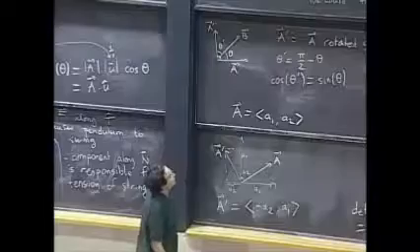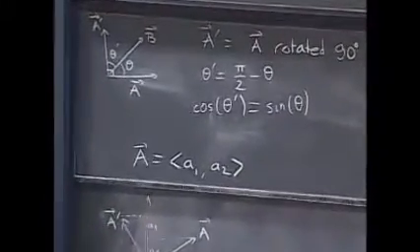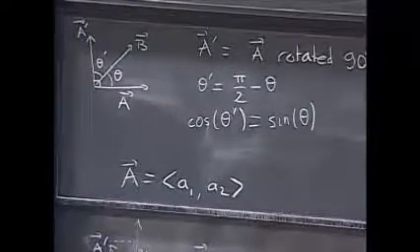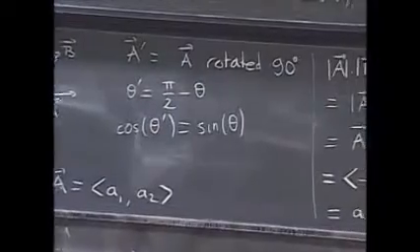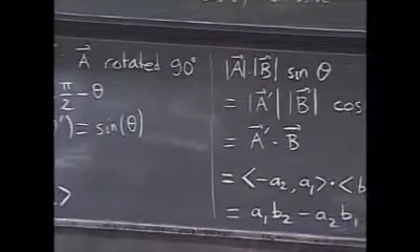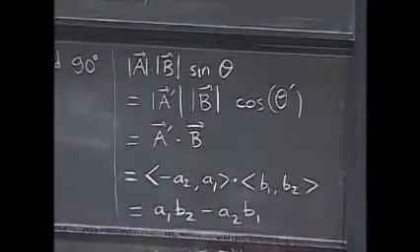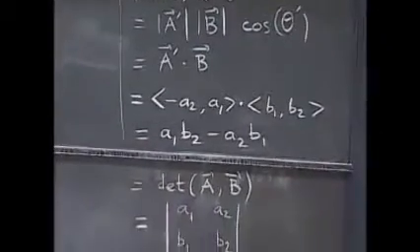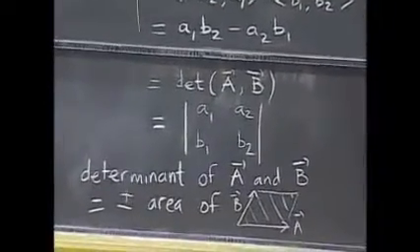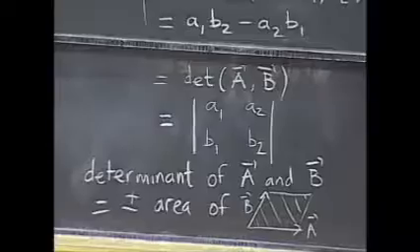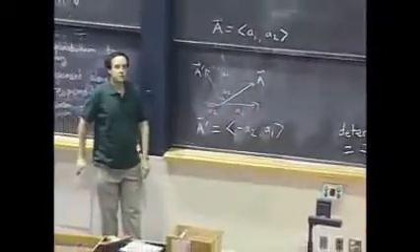I mean, the issue that we have, well, when we say the area is 1/2 length A, length B sine theta, that was assuming that theta is positive, that its sign is positive. Otherwise, if theta is negative, maybe we need actually to take the absolute value of this. So just to be more truthful, I will say the determinant is either plus or minus the area. Okay. Any questions about this?